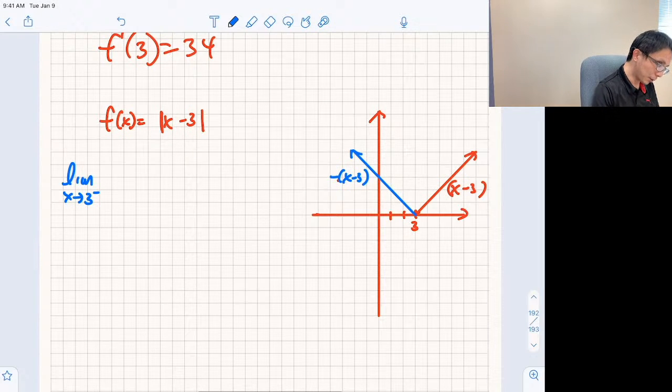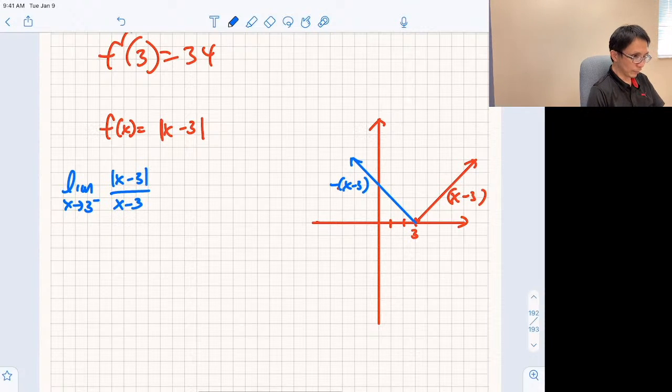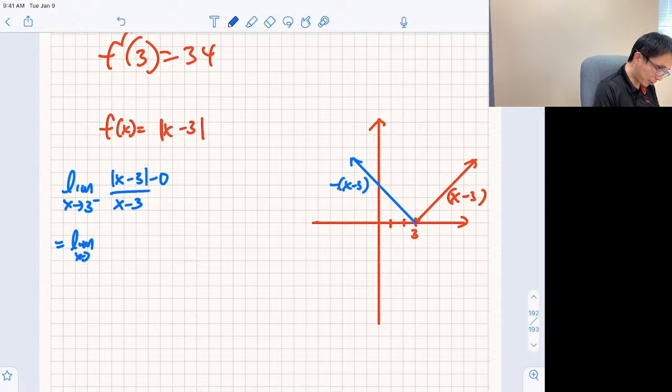Now, obviously, we're going to do absolute value of x minus 3 over x minus 3. If you do the definition of derivative, it's going to be minus 0, and then there's x minus 3. So then it's going to be limit as x approaches 3 from the left of negative x minus 3 over x minus 3. So x minus 3 cancels out, that's going to be negative 1.